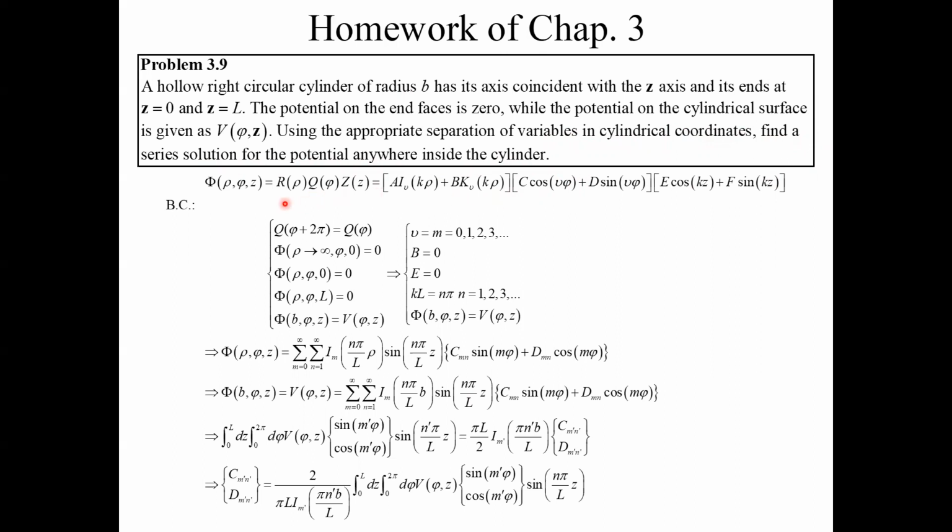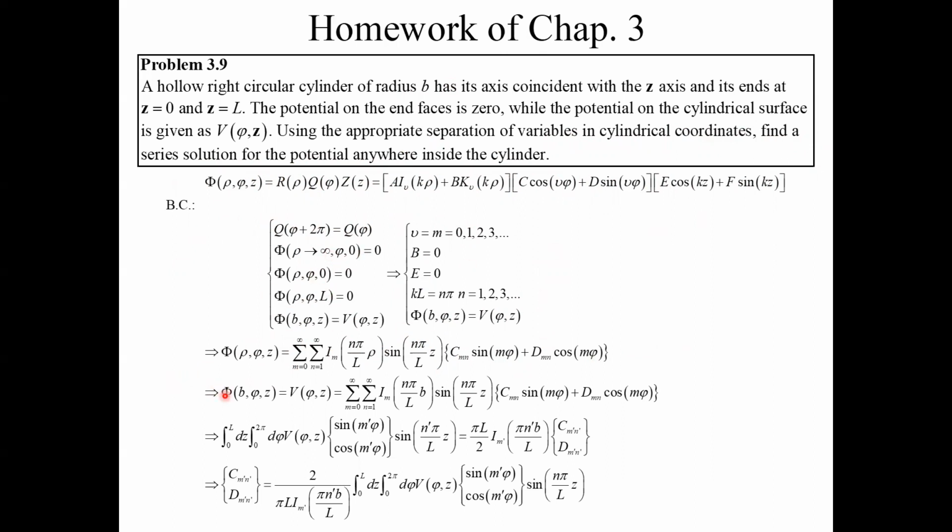And we have a general solution here. We use the boundary conditions, and we can drop our general solution into this form. And this is our boundary condition on the walls here.